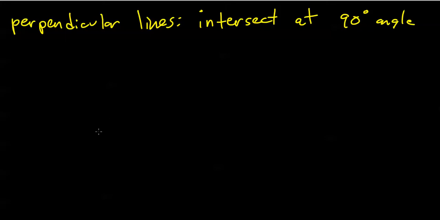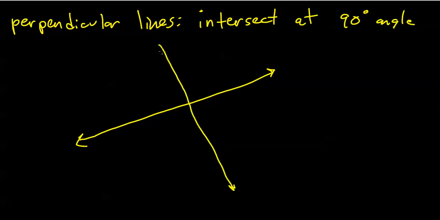So if I was to draw a line here, and another line here, we can envision them intersecting at a right angle. I'll call those two lines perpendicular. Let me call this line line 1 and this line line 2.